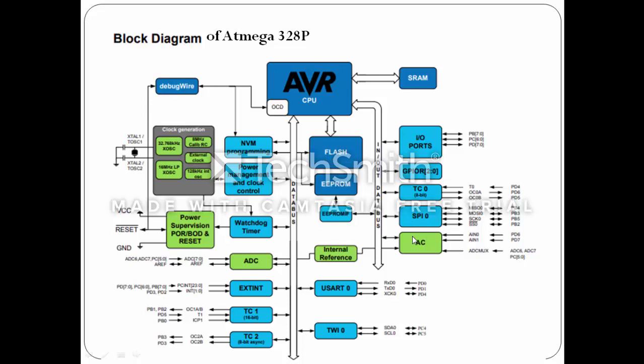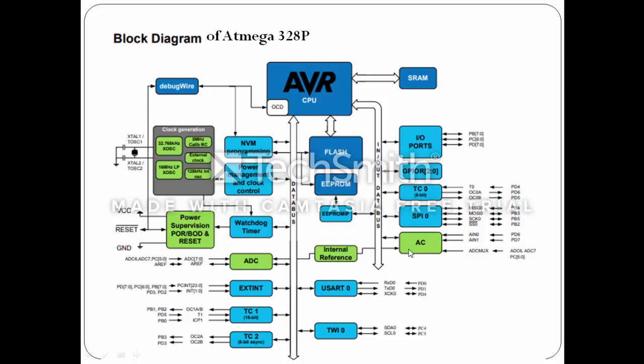There is an ADC port also, and this is the IO data bus, which is the data bus for exchanging data from one component to another. There are IO ports connected to the IO data bus, and GPIORs are connected. There is a TC and SPI, and also an AC.